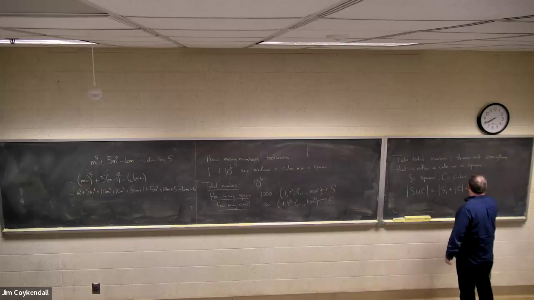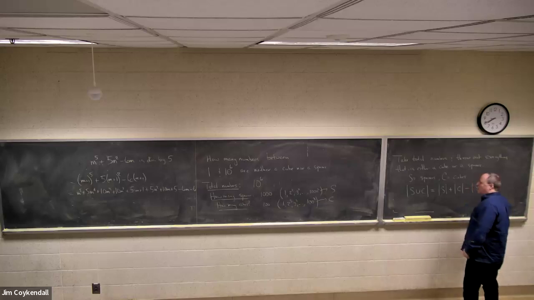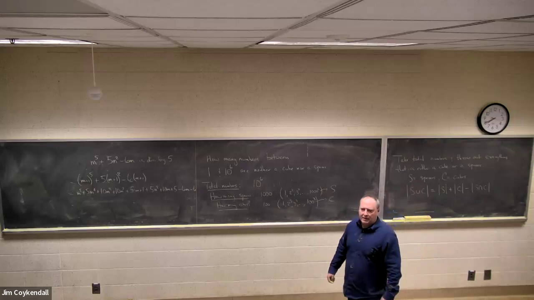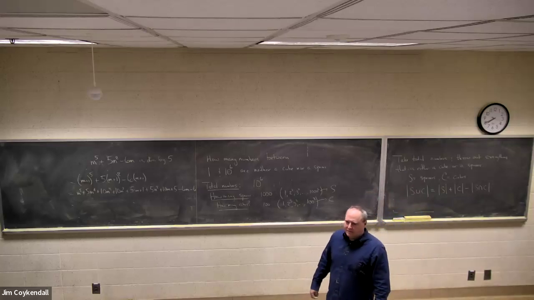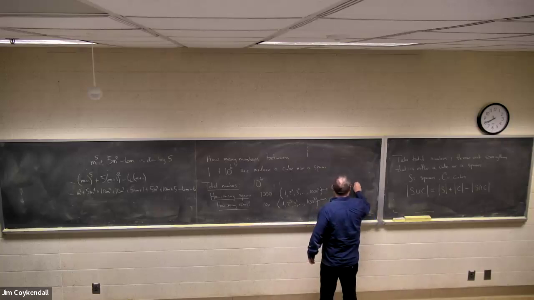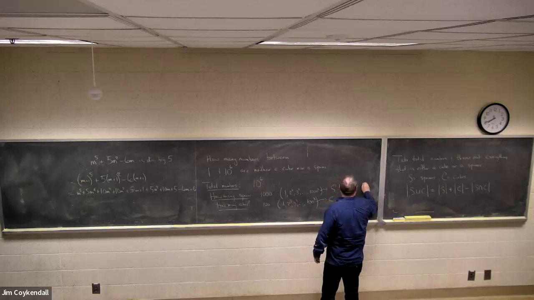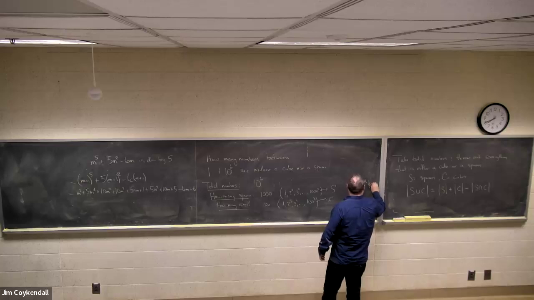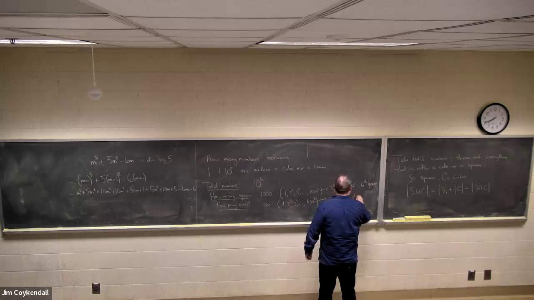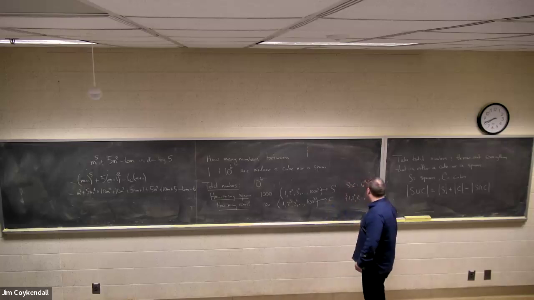So what does it mean to be both a square and a cube? Here they are: 1, 2 to the 6, 3 to the 6, all the way up to 10 to the 6.